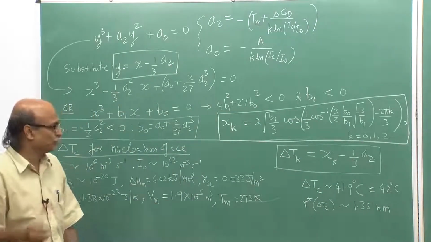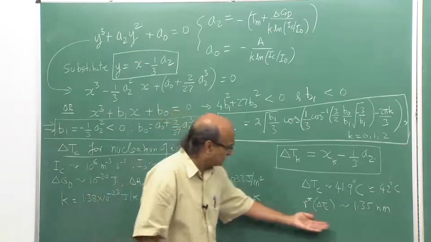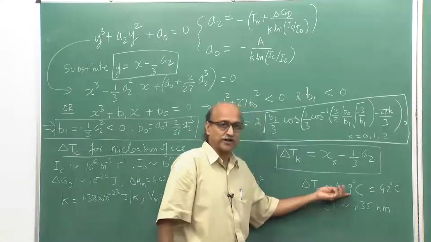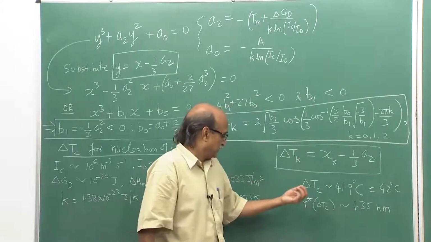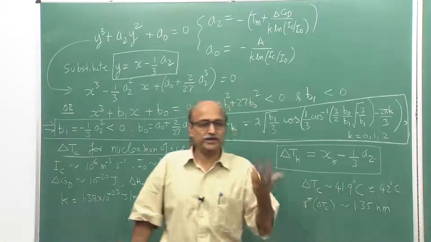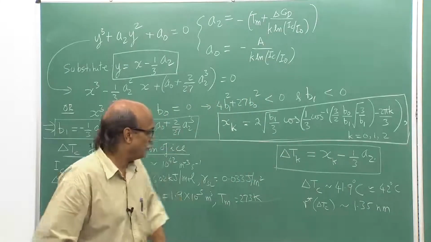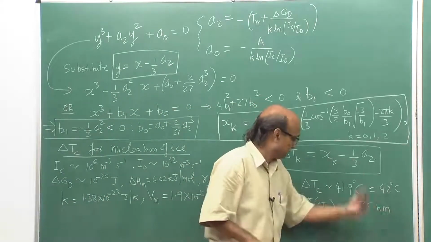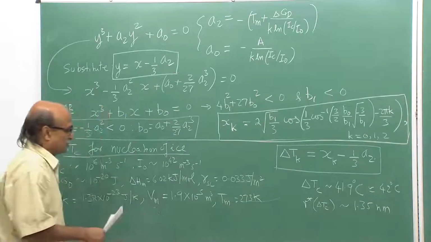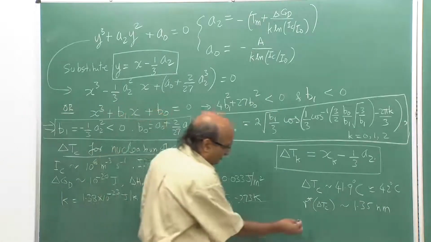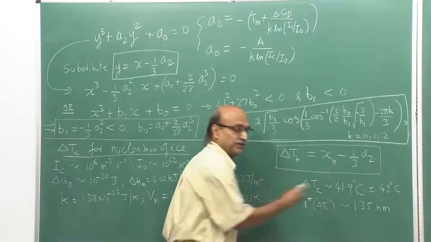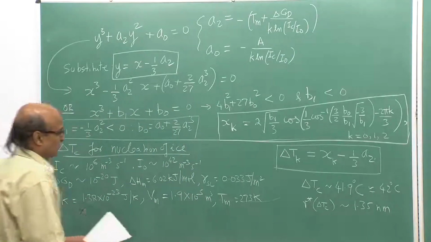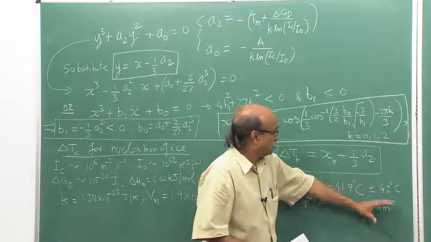And now what I want you to do is for this given size of the critical nucleus, which is for this particular undercooling, estimate how many H2O molecules will make up this nucleus. So, this is a kind of a homework problem of estimating the number of H2O molecules in this nucleus.